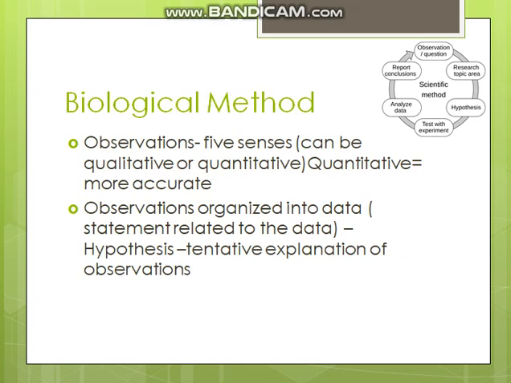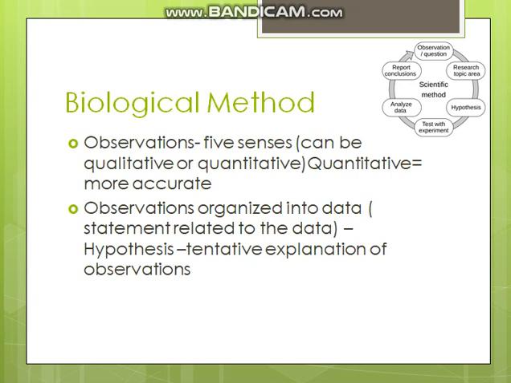You probably learned about the law of independent assortment, and so many other laws. So how does it all start? Observations. We first put our senses to use, and then we make some quantitative and qualitative analysis. The qualitative analysis is less accurate than the quantitative analysis because the quantitative analysis will give you the facts and figures, and these observations are organized into data.